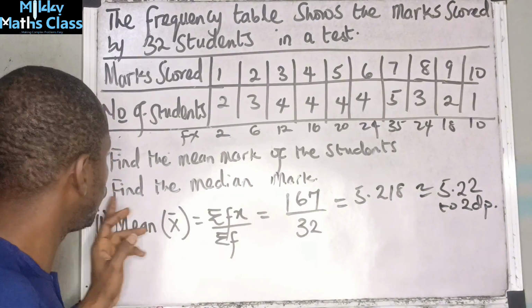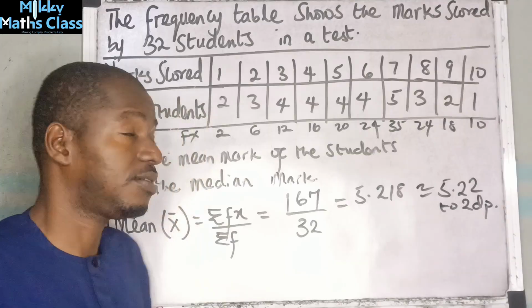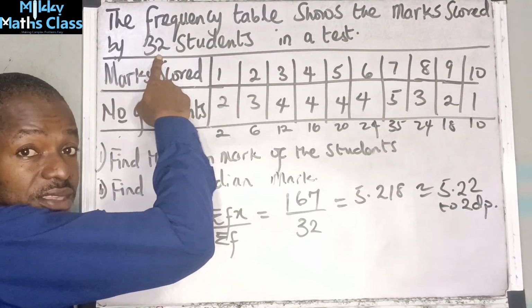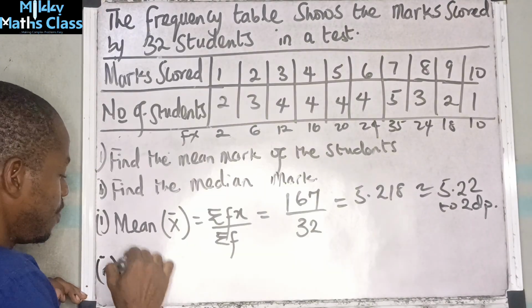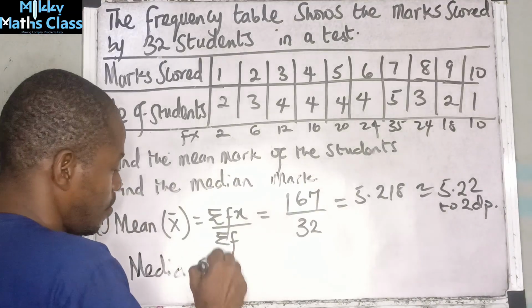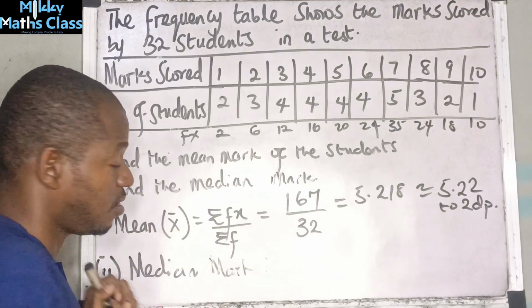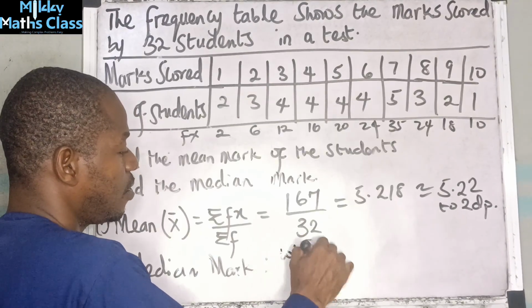Now the next one is find the median mark. For us to find the median mark, the first thing we look at is this number, is it odd or even? So for the median mark, we'll look for the cumulative frequency.